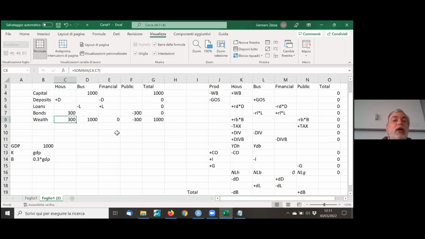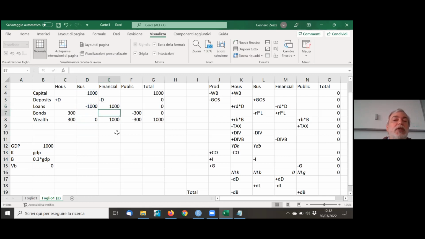So now I want to have a measure for deposits, and this will depend on the loans, and these will depend on the starting value for the business wealth. So let's start from the idea that the wealth of the business sector is zero, and then we will see this will not be the case if we have retained profits. But if this is zero, then this must be equal to the stock of capital with the opposite sign.